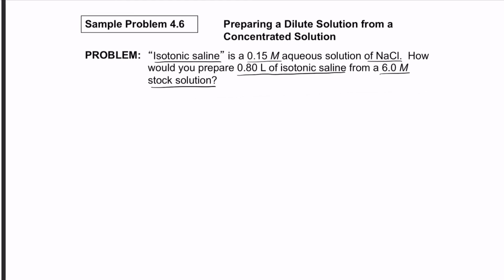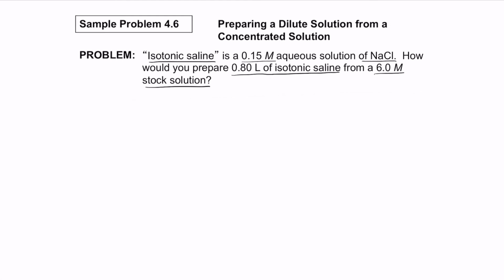Remember that the idea here is that the number of moles of the solute is constant. Which means that the number of moles in the concentrated solution is equal to the number of moles in the dilute solution.